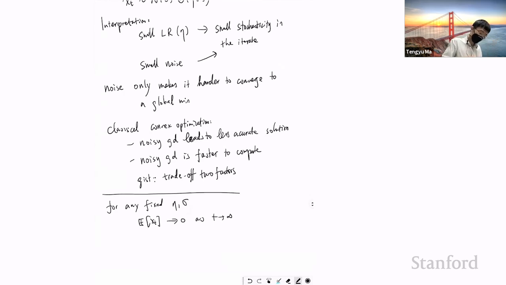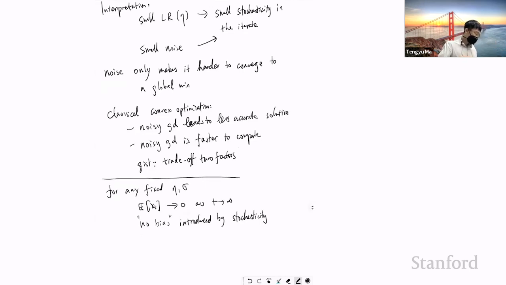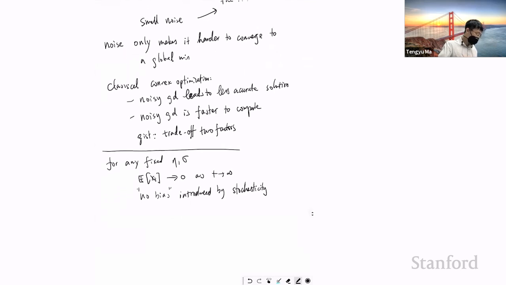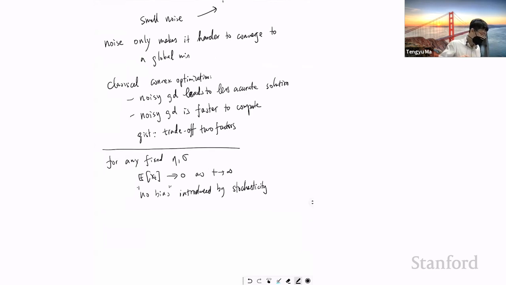So this is saying that there's no bias introduced by the stochasticity. You only introduced, in some sense, some fluctuation. Of course, fluctuation is also bad, but at least you didn't introduce any systematic bias against any other directions. So that's another side remark, which we'll compare with in a bit.